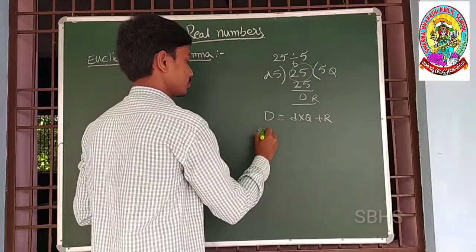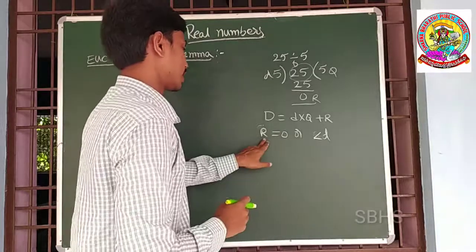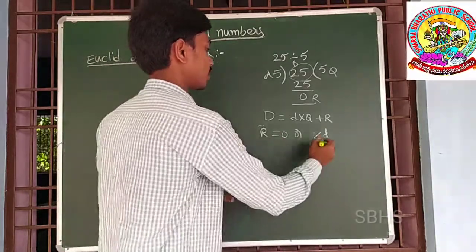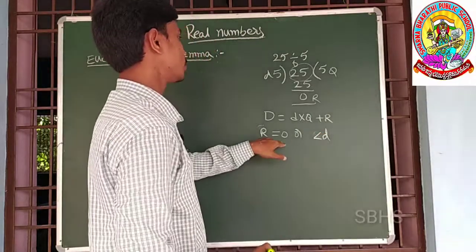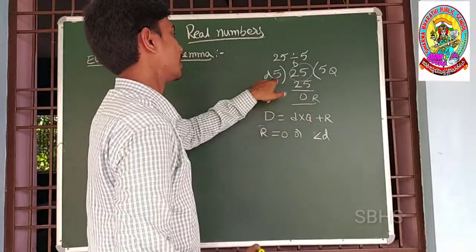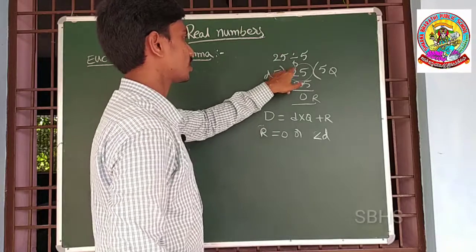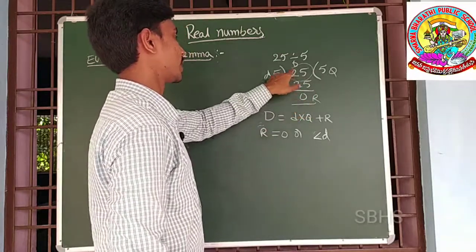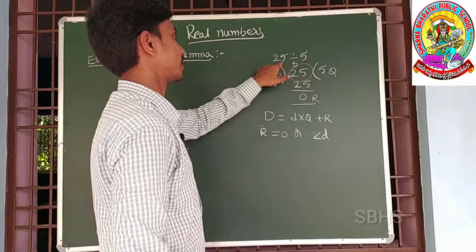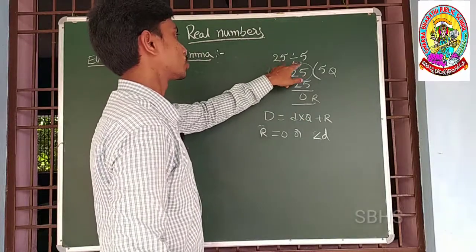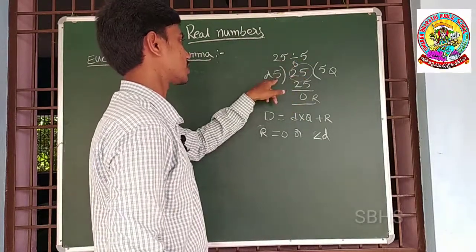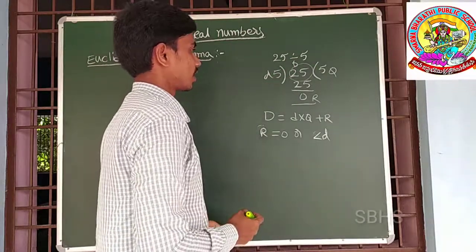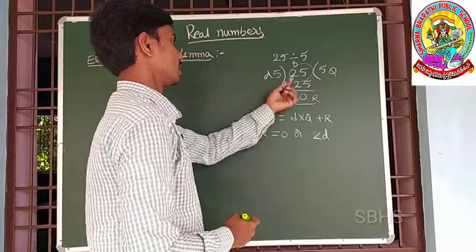The remainder may be equal to 0 or less than the divisor, which means the value of the remainder must be less than the divisor or equal to 0. If the remainder is equal to 0, the divisor perfectly divides the dividend. So in this case 5 is a divisor or factor of the given number.